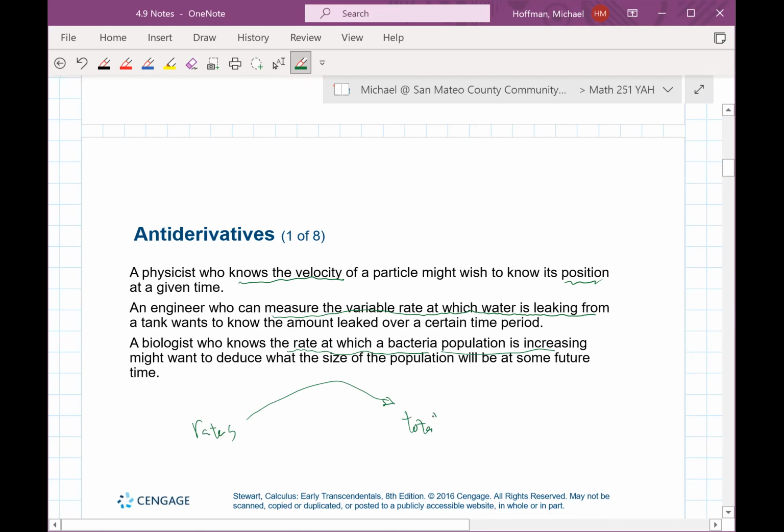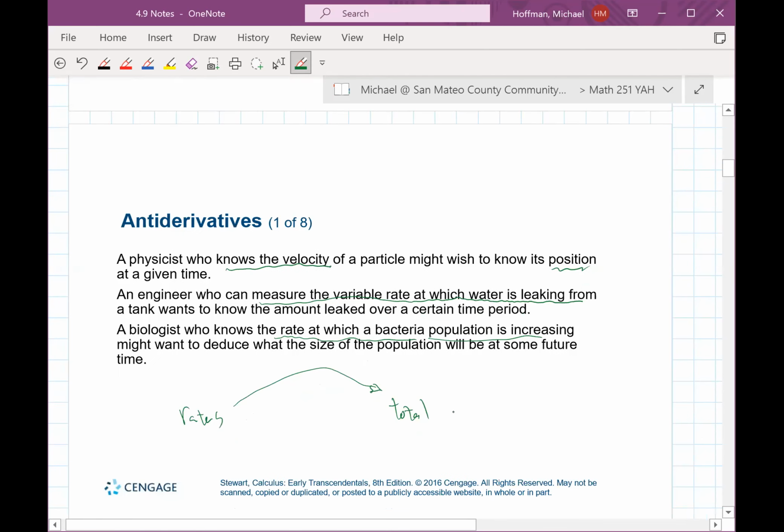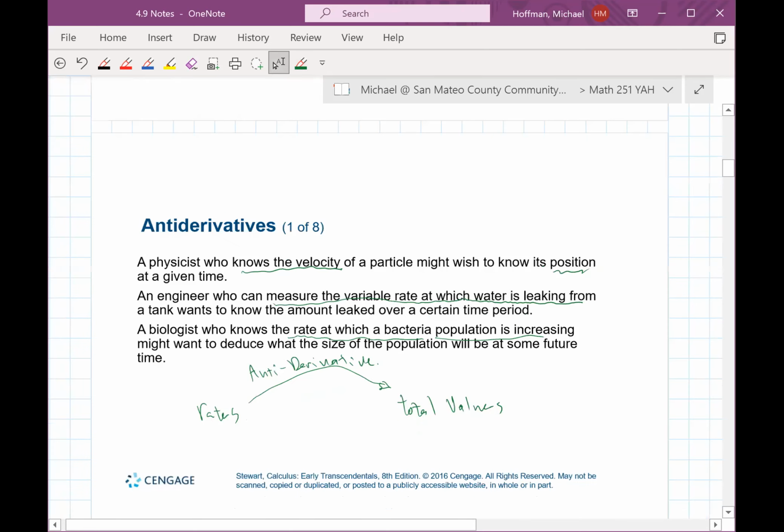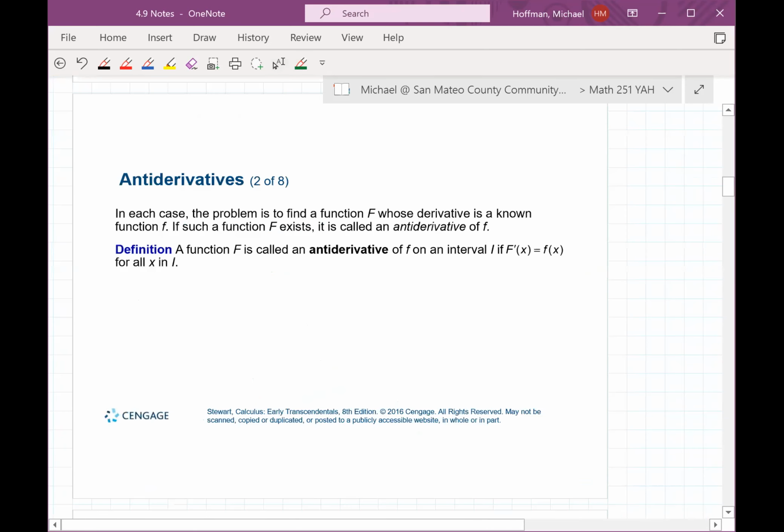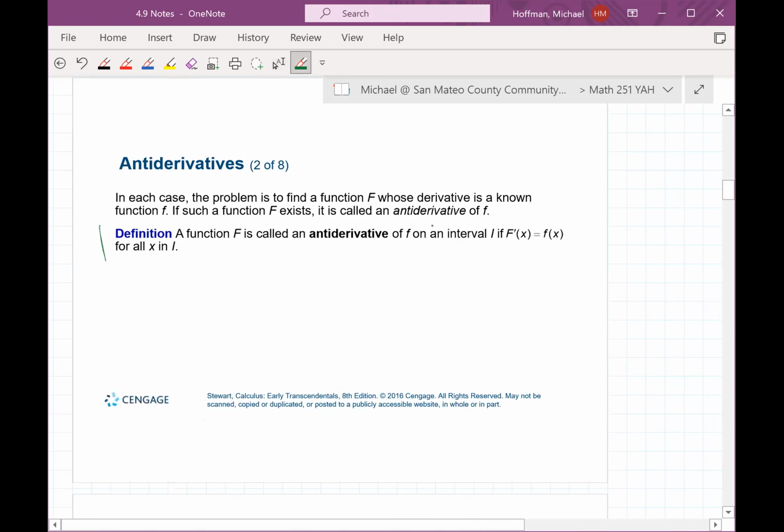And this, in fact, will be related to the fundamental theorem of calculus, right? This is an antiderivative idea. So technical definition, a function F is called an antiderivative of f on some interval, because we can think about this happening on just a specific part of the domain, but we won't worry too much about that in this class.